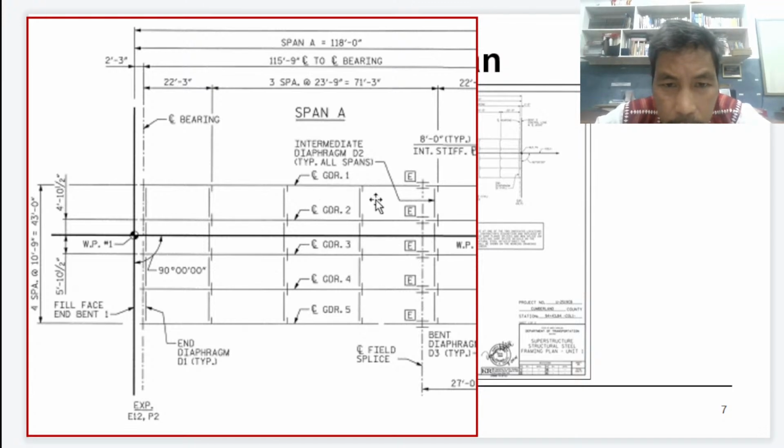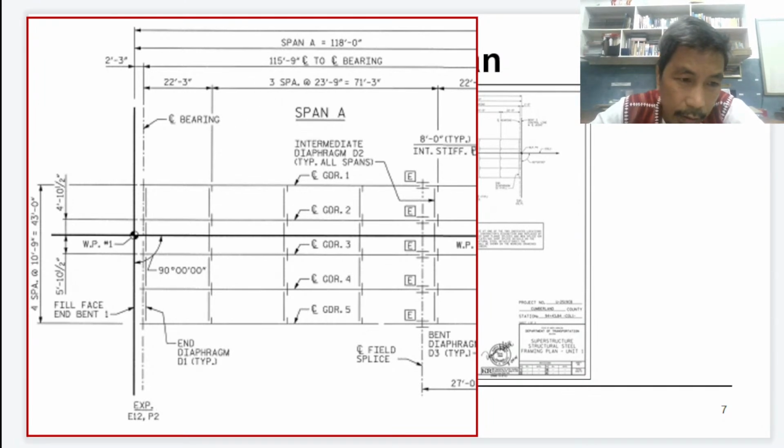So 3 spacing at 23 feet 9 inches. Again, you can have your calculator.